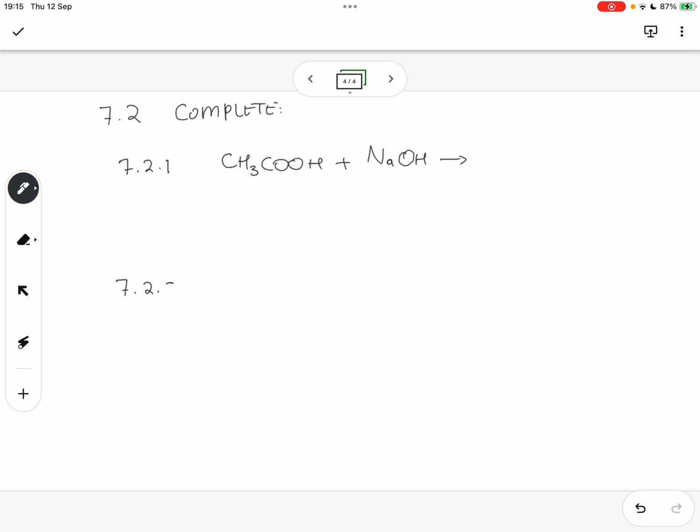And then the second reaction is hydrochloric acid plus calcium carbonate. Do you know how to calculate these reactions?